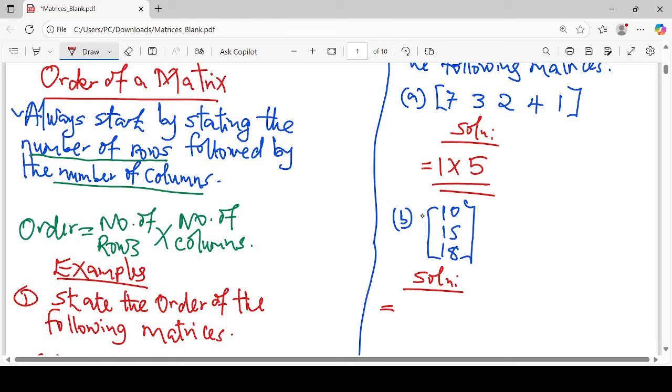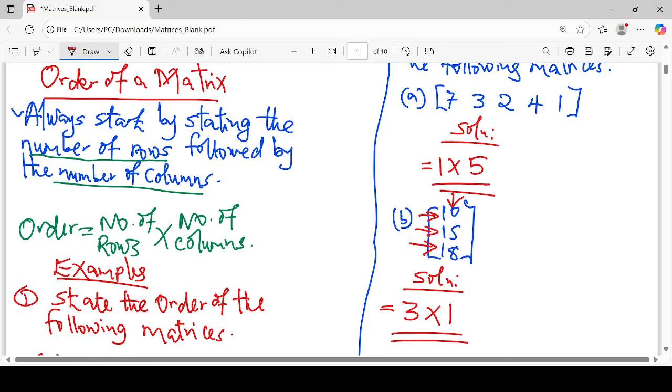You can see this is row 1, this is row 2, this is row 3. So this will be 3 rows times how many columns do we have here? We only have one column going downwards. So that is a 3 by 1 matrix.